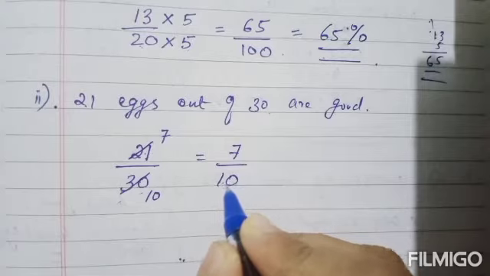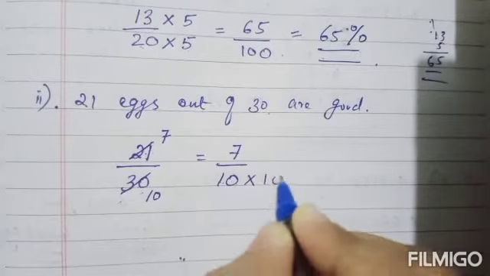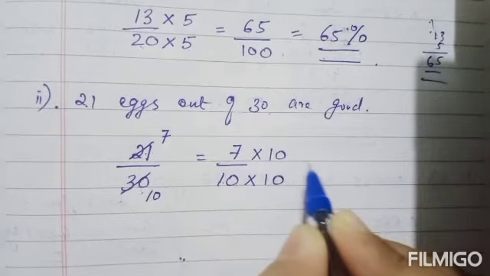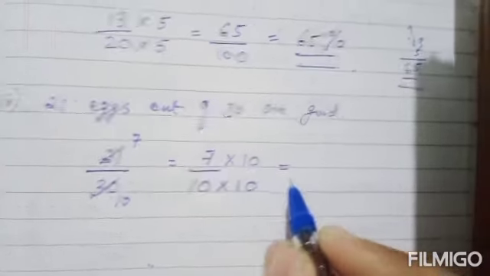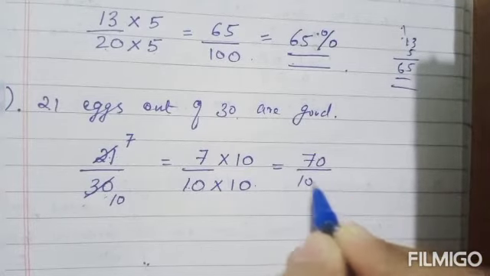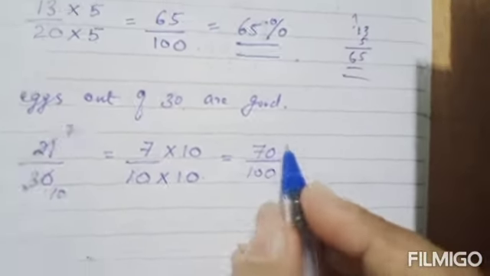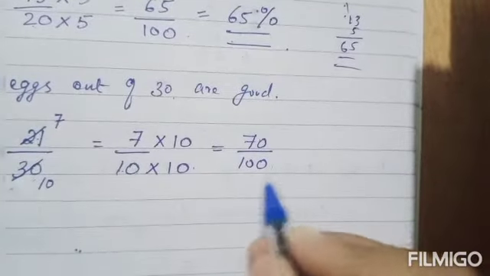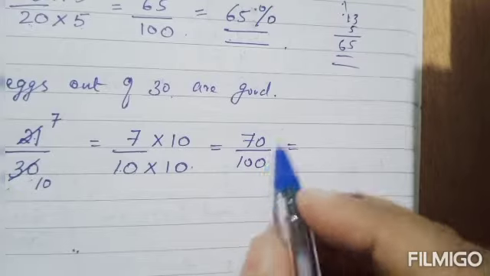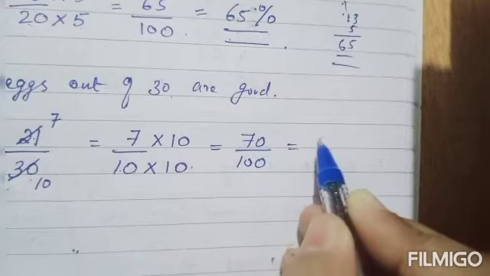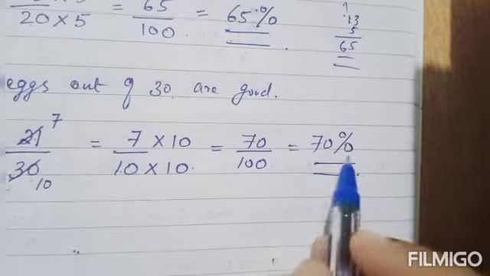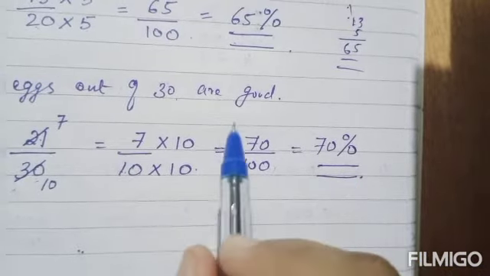Here 10 is the denominator. 10 into 10 you will get 100, so multiply 7 also by 10. 7 into 10 is 70 by 10 into 10, 100. Now you got a fraction with the denominator 100, 70 by 100. So what will be the percent here? The numerator. It is 70%. So 70% of x are good.